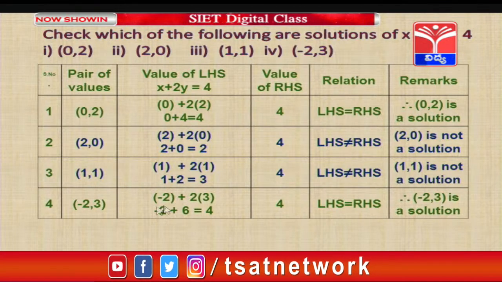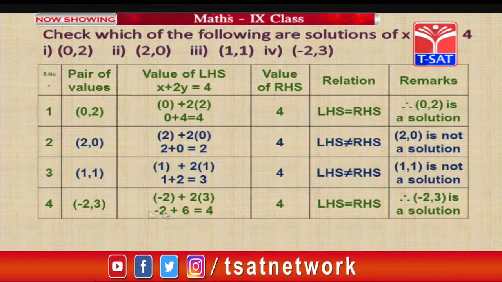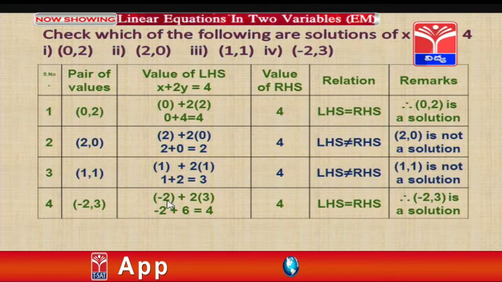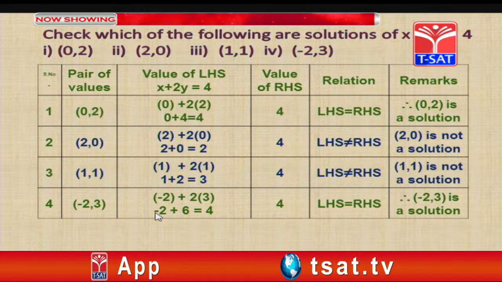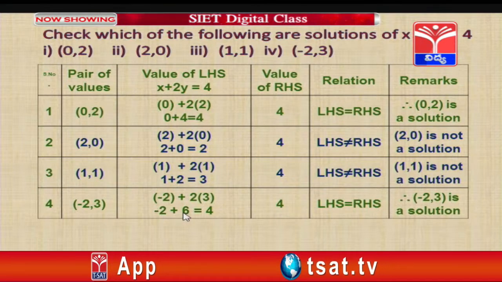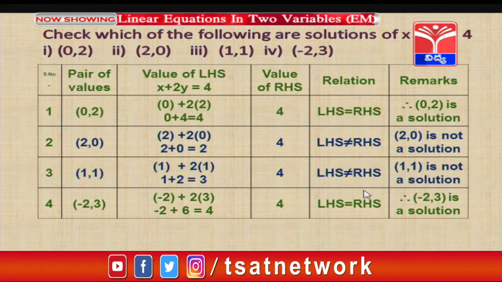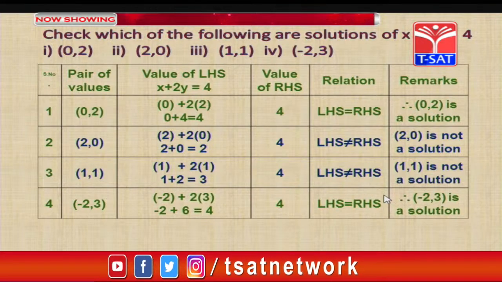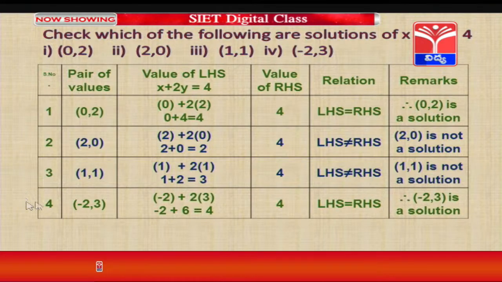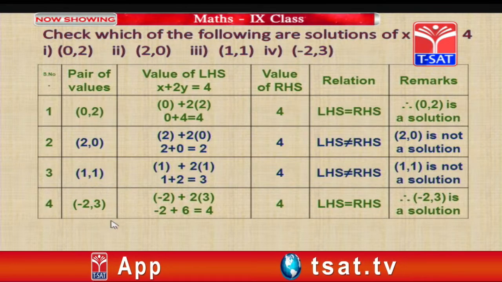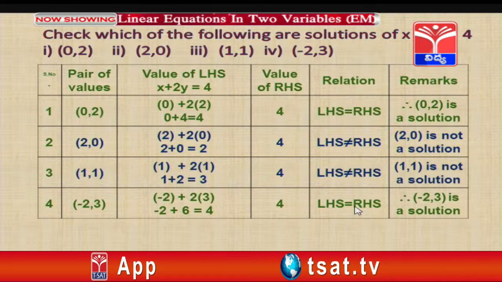Now, we will check the fourth one, (-2, 3). In place of x I write minus 2, in place of y I write 3. So, I will be getting here minus 2 plus 2 into 3, minus 2 plus 6, how much is it? 4. That means 4 is equal to 4, LHS is equal to RHS. If left hand side is equal to RHS, what you can say is that (-2, 3) is the solution, or you can say the ordered pair which is satisfying the given equation.